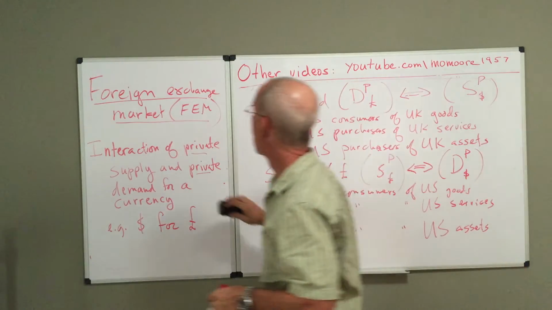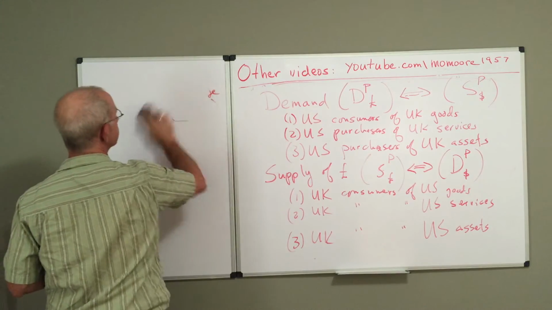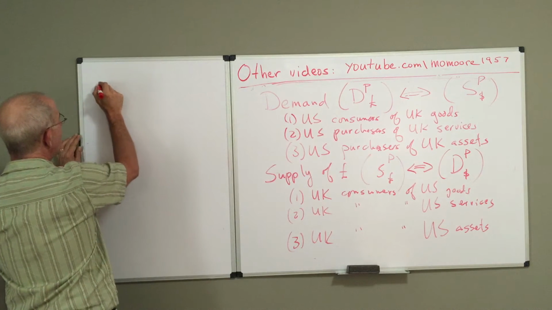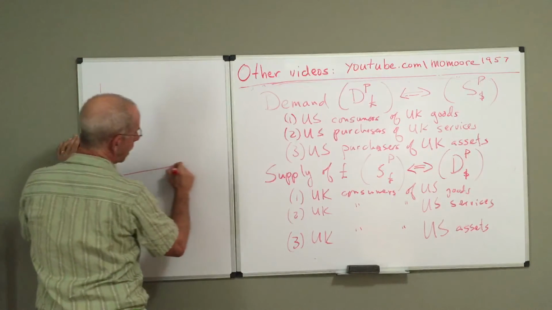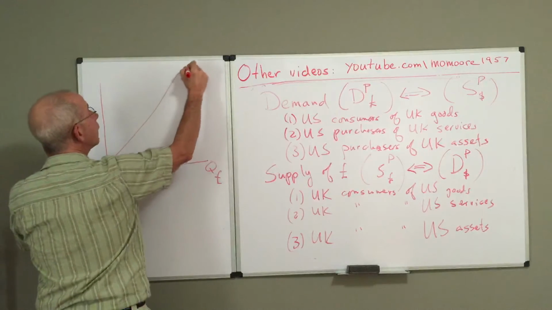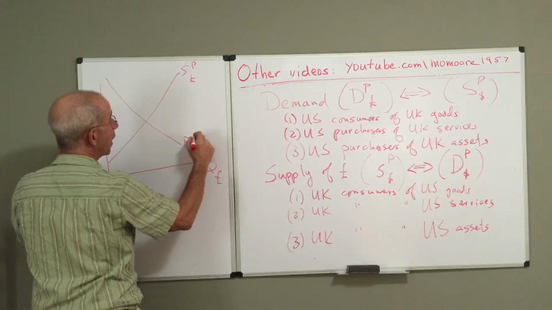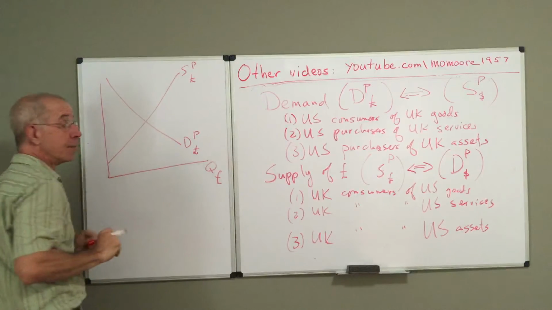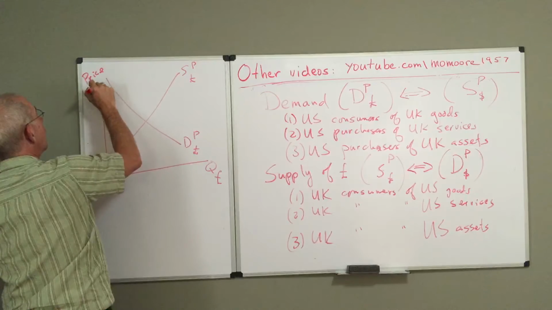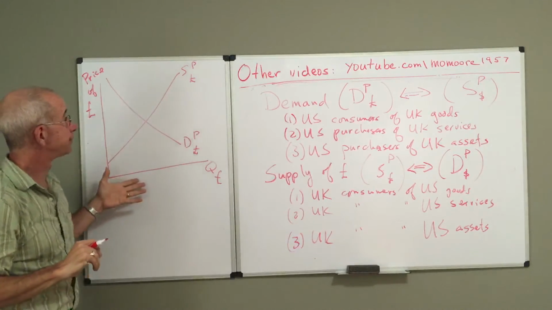Now, if we look at the foreign exchange market, we're going to have a private supply of pounds, and we've got a private demand for pounds, and then we have a price of pounds on this axis here.